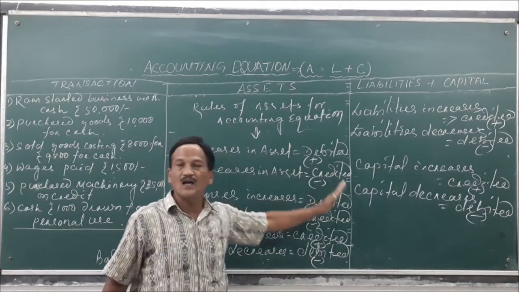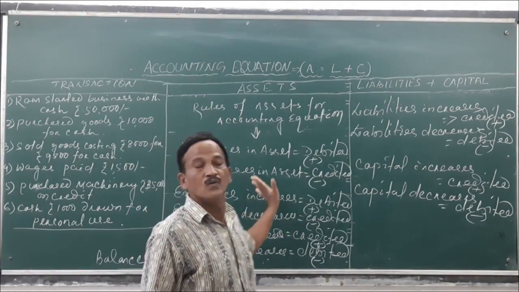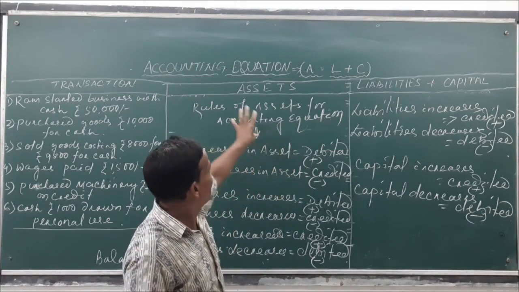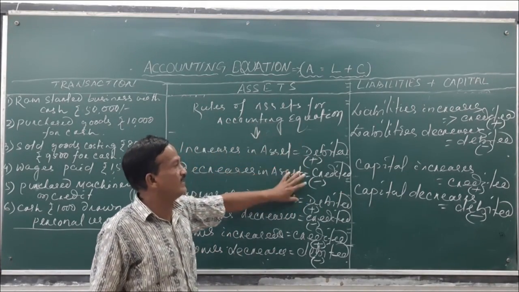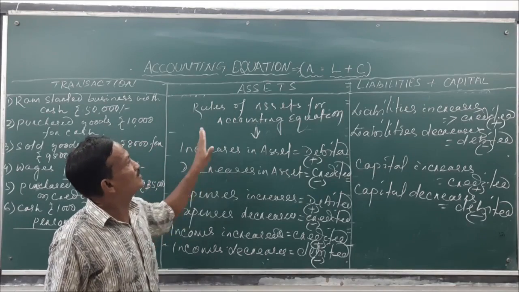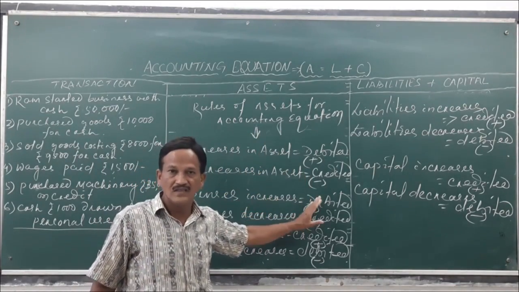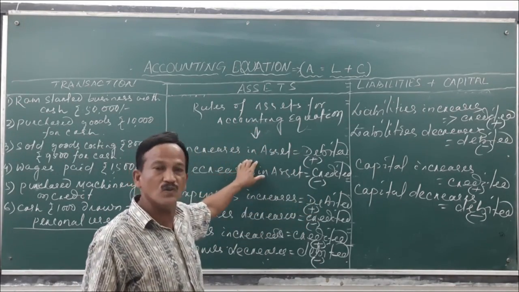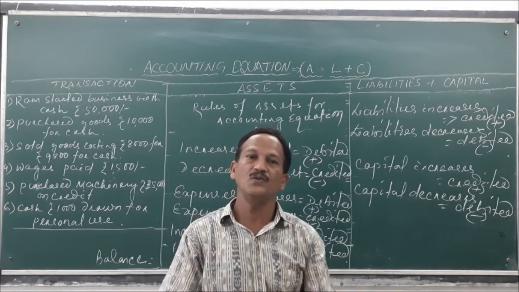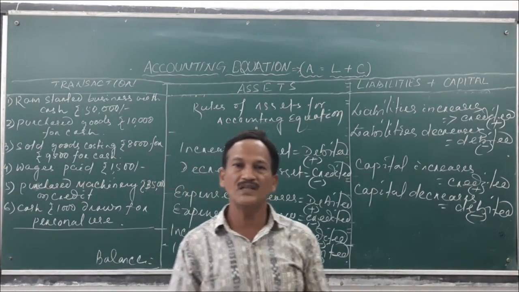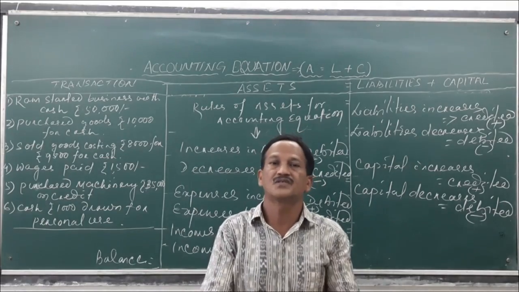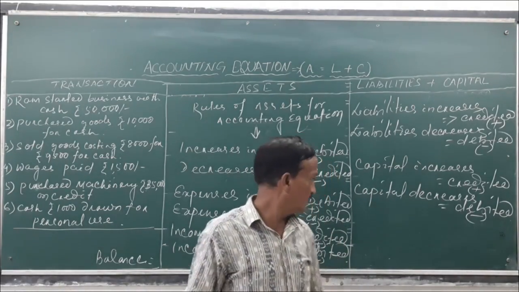So these are the accounting rules we have derived. That is the rules of debit and credit. These are the accounting rules for the accounting equation, and these rules are applicable for the modern approach of accounts.